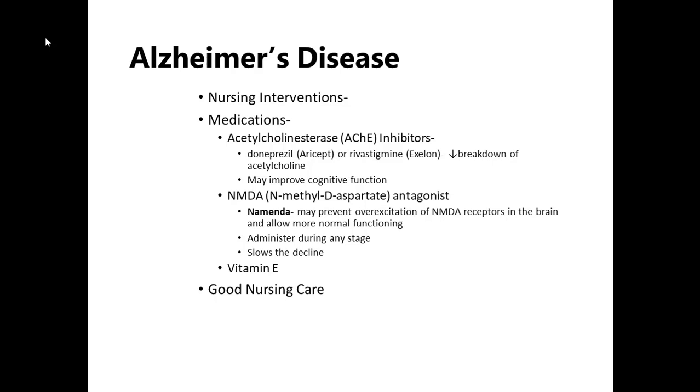Medications for Alzheimer's disease came out in about 1996. They basically stop the breakdown of acetylcholine. They don't reverse any of the dementia or Alzheimer's symptoms, but they slow the decline. So there's Aricept, or Exelon, and then the other one is Namenda.